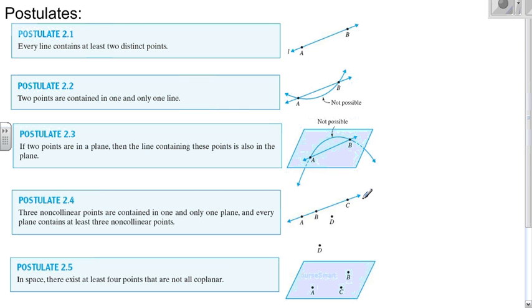And every plane has at least 3 points. Pretty much the same idea, just a little bit backwards. And then our last one here, in space there are at least 4 points that are not coplanar. That just means that there is 3 dimensions to space.